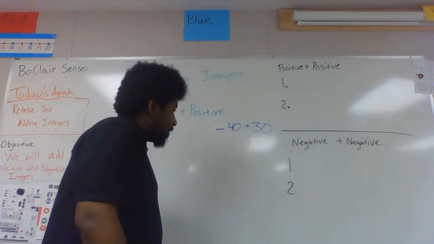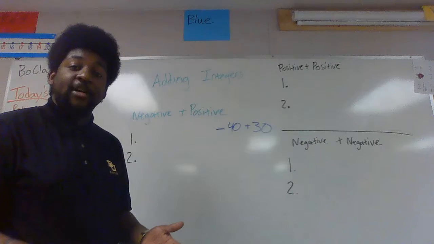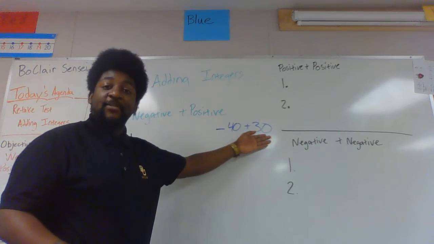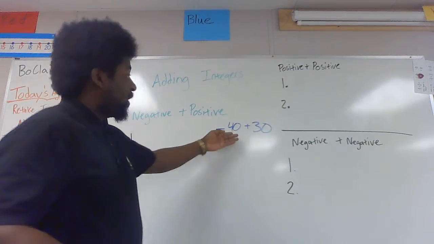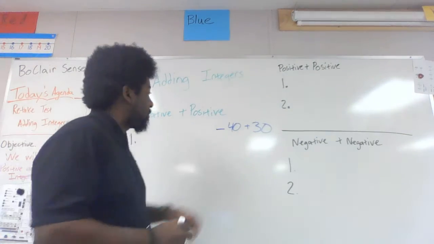Before you subtract, you have to see if you have more positives or more negatives, because that's what kind of answer you're going to have. If you have more negatives, you have a negative answer. If you have more positives, you have a positive answer. Looking here, I have more negatives, so I would have a negative answer.